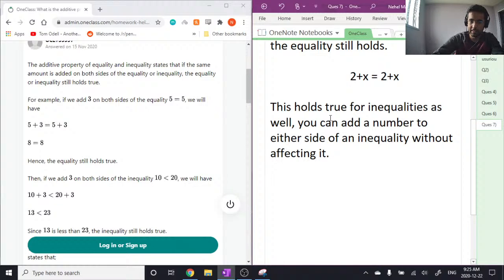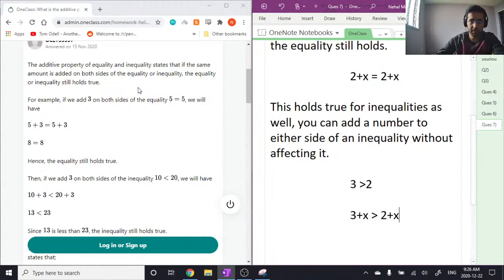What I mean by that is if I have an inequality, let's say 3 is greater than 2, which is true obviously, and I add x on either side, my inequality would not change. So 3 plus x would still be greater than 2 plus x, which again should make sense. Let's say x is equal to 1. This inequality would not be affected by the addition of any number. So that's the additive property for inequalities.